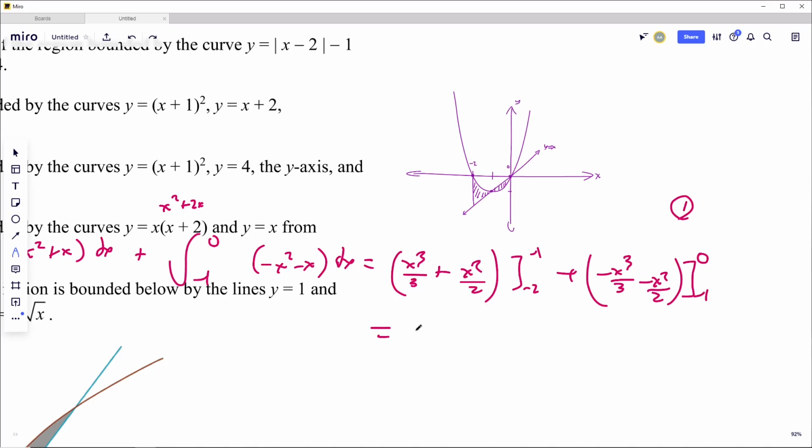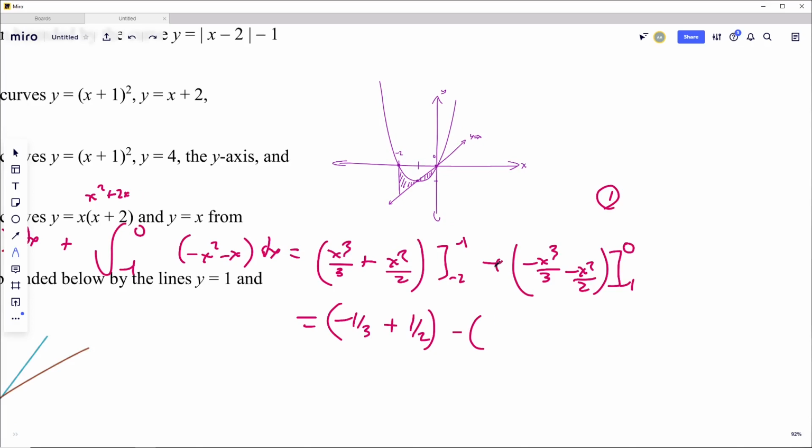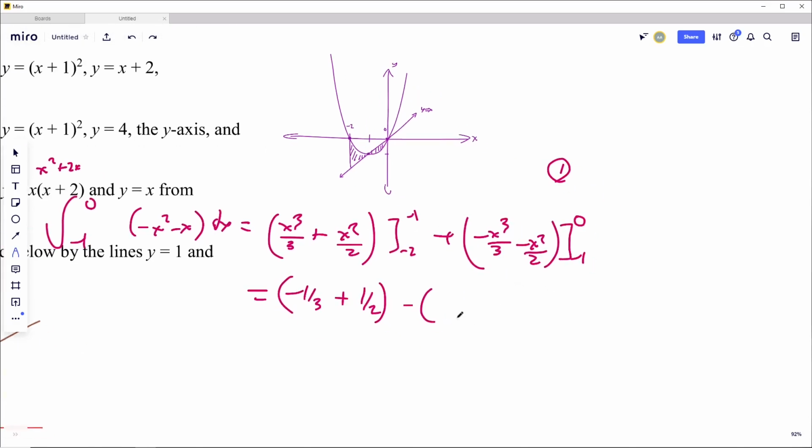So let's put -1. The minus sign stays, so -1 over 3. The -1 here becomes 1, so 1 over 2. Anyways, now put -2. It's -8, because 2 cubed, over 3, plus 4 over 2, which is 2.